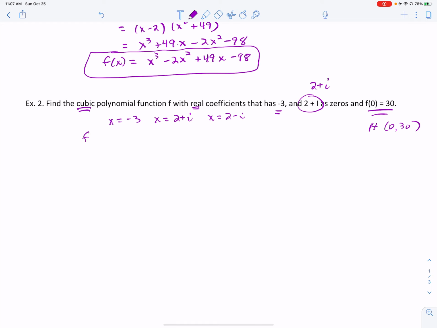And so f of x is going to be x plus 3. Move the 2 and the i to the left. I have x minus 2 minus i, and then x minus 2 plus i, if I would put those all equal to 0. And the key is to group inside these parentheses.